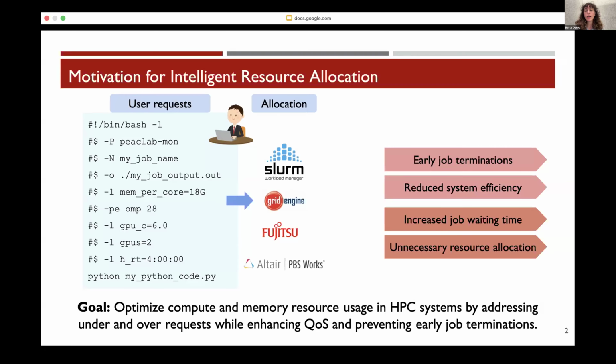On the other hand, if we are asking for more than we need for multiple batch job submissions, especially if we are using the same batch job script to submit different jobs over and over again, we observe increased job waiting time, and at the end, the compute and memory resources are allocated unnecessarily. So our goal with this recommendation framework is to optimize compute and memory resource usage in HPC systems by addressing these two main problems while enhancing the quality of service and preventing early job terminations.